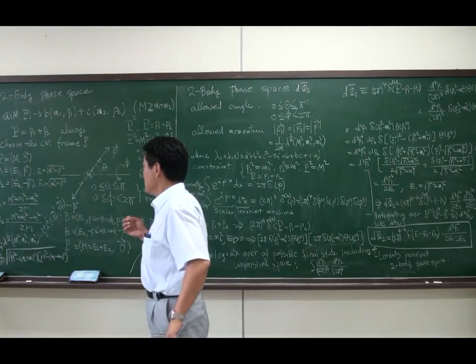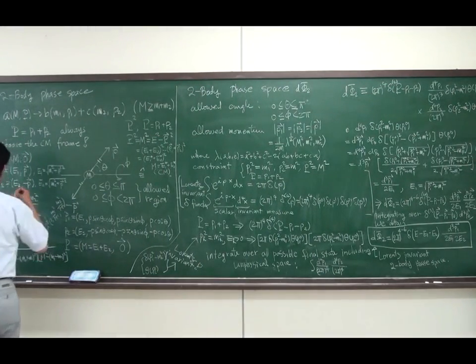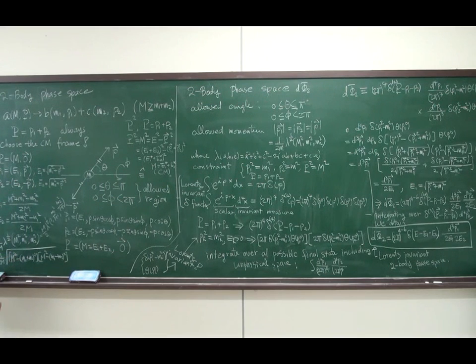Let us consider the possible values for the three-momenta of the final particles. Our constraint is that the two particles are opposite and each particle satisfies the mass shell condition. That means energy squared subtracted by momentum squared always satisfies m squared.